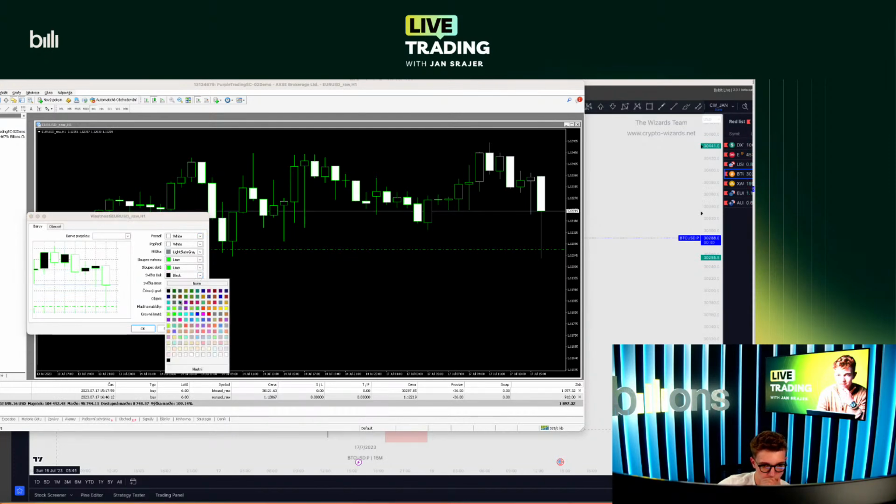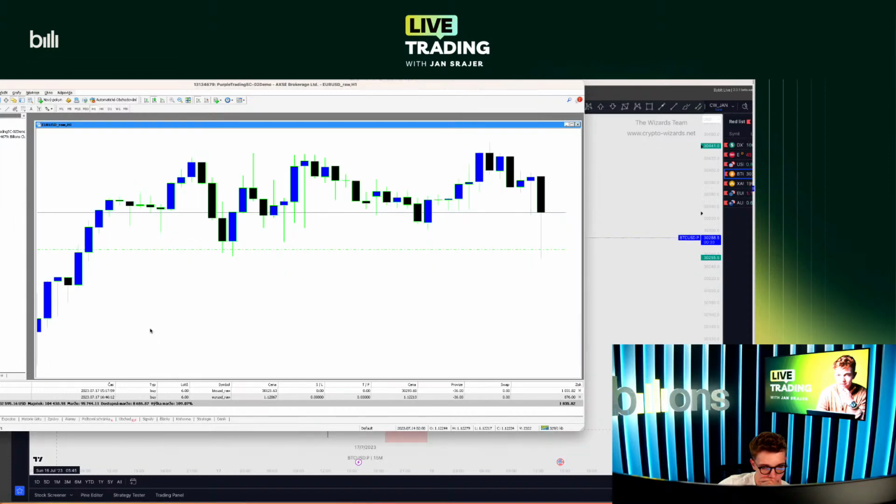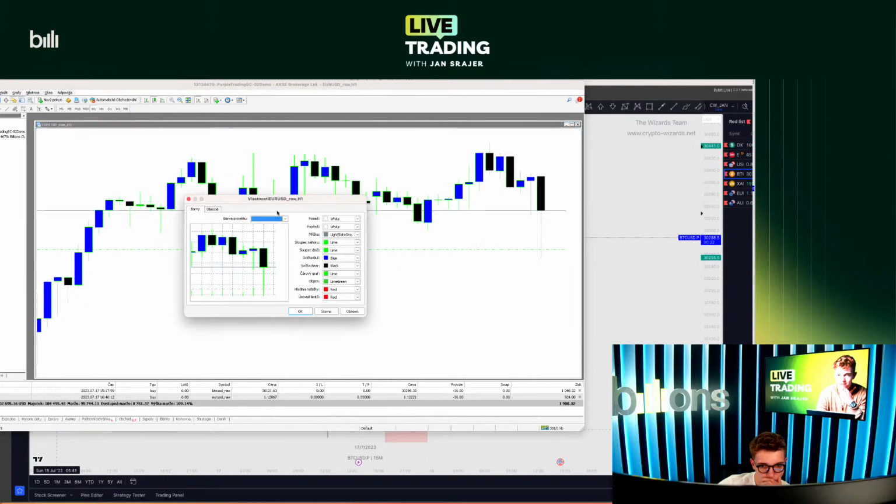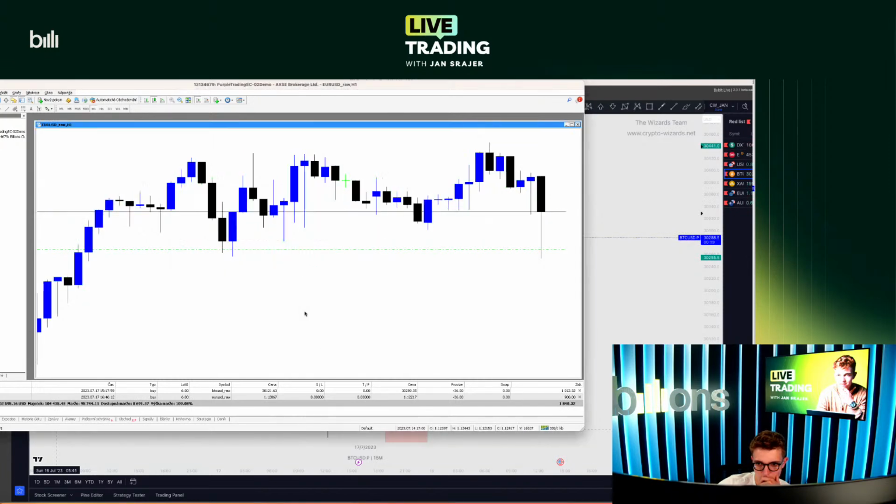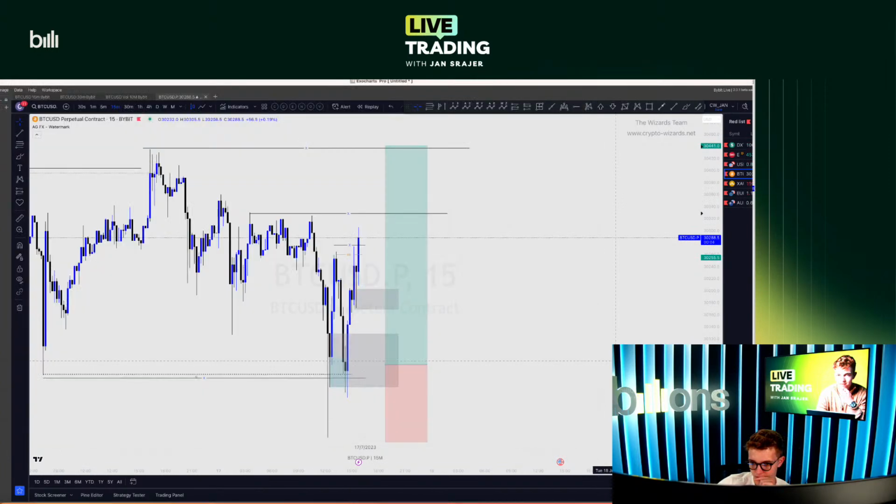So the bullish candle is gonna be this, and a bearish candle, let's give it a black one. Where is it? Here. Is it this? Yes, nice. All right, this looks much better now.